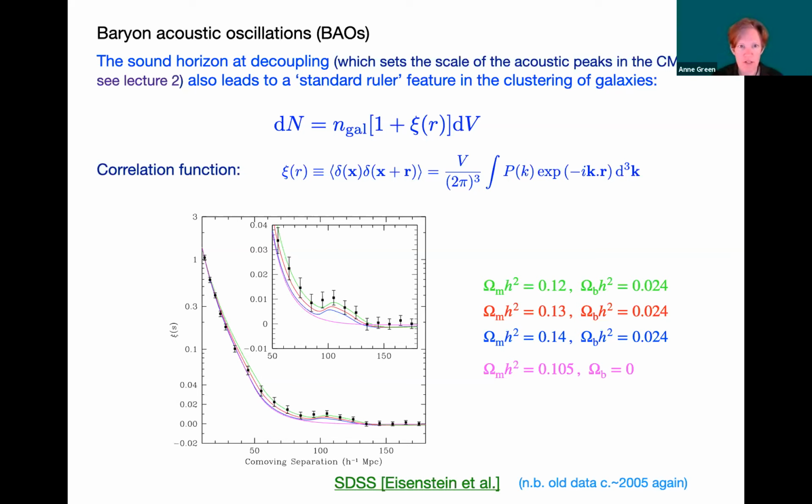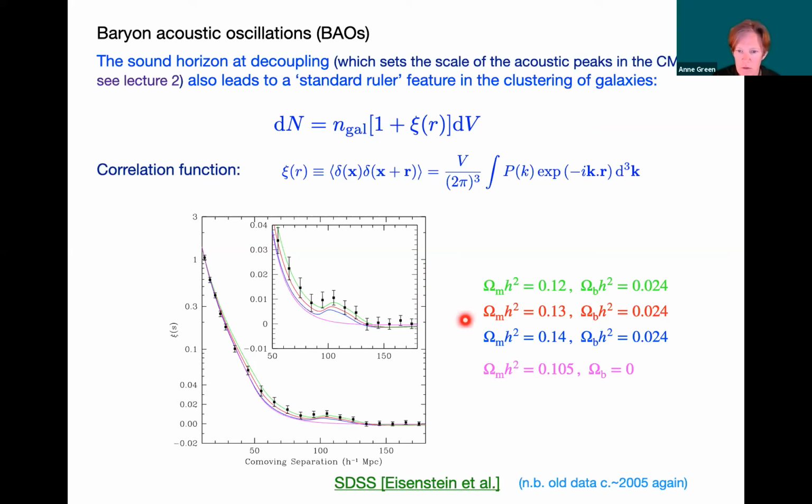These baryon acoustic oscillations are now a big tool in cosmology, and they were first measured in about 2005, which is when this figure dates from. So the pink line is what you expect for a universe with just matter and no baryons, so you just have this linearly decreasing correlation function.